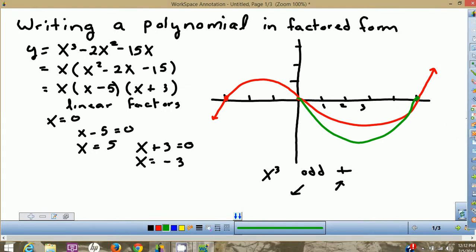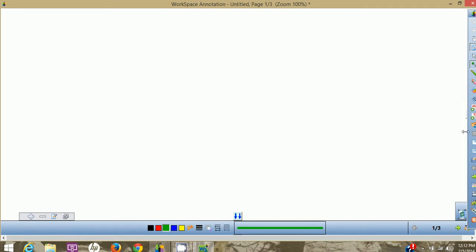All right, so let's look at another function and see what else we can find about sketching graphs of our polynomials. So this particular polynomial, we'll put it in function notation.